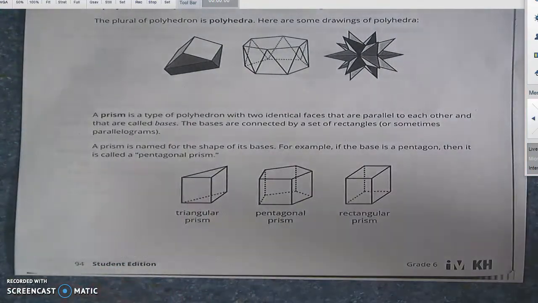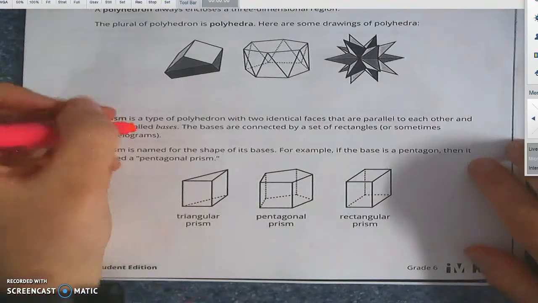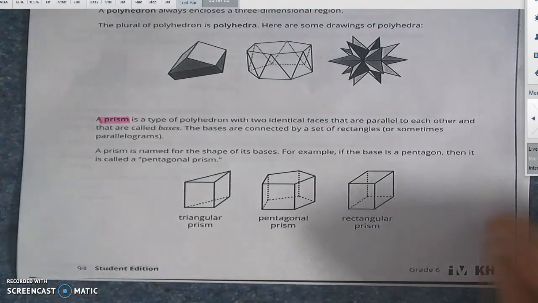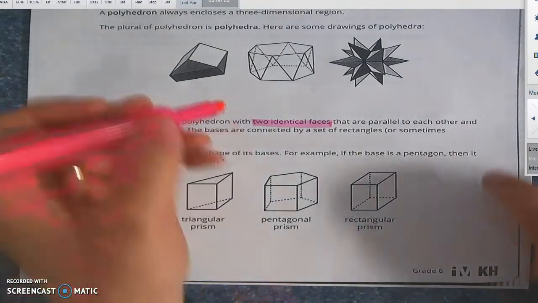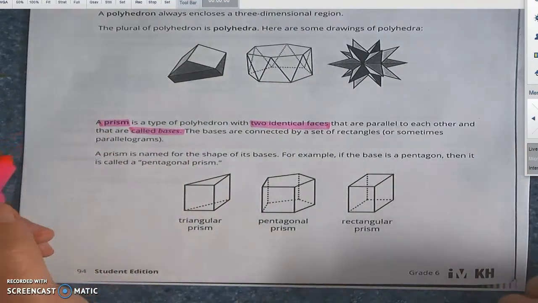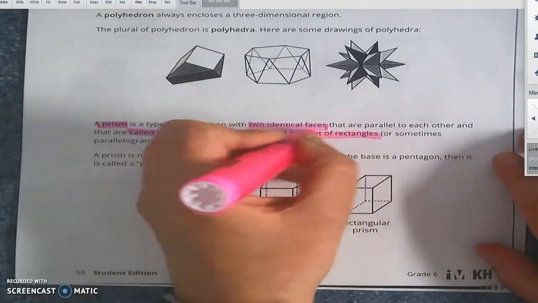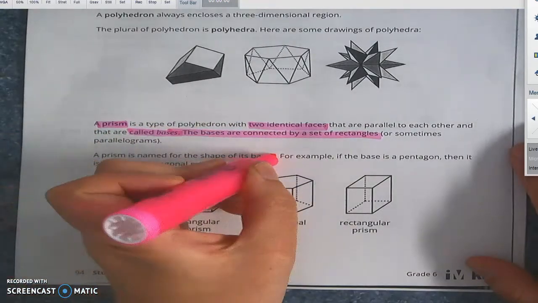A prism is a type of polyhedron with 2 identical faces that are parallel to each other and are called bases. The bases are connected by a set of rectangles, or sometimes parallelograms. A prism is named for the shape of its bases.